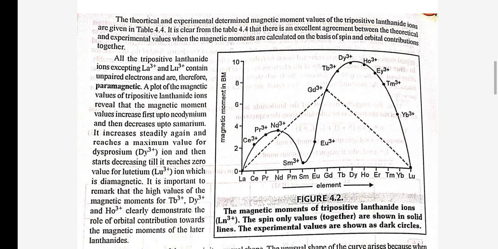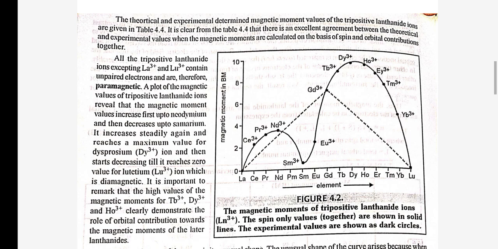All the tripositive lanthanide ions except La3+ and Lu3+ contain unpaired electrons and are therefore paramagnetic. A plot of the magnetic values of tripositive lanthanide ions reveals that the magnetic moment values increase first up to neodymium and then decrease up to samarium.